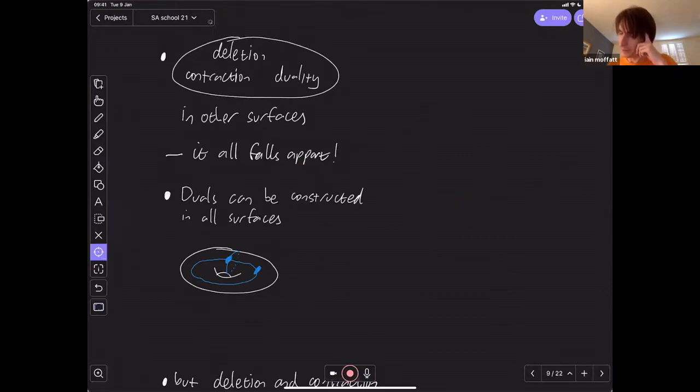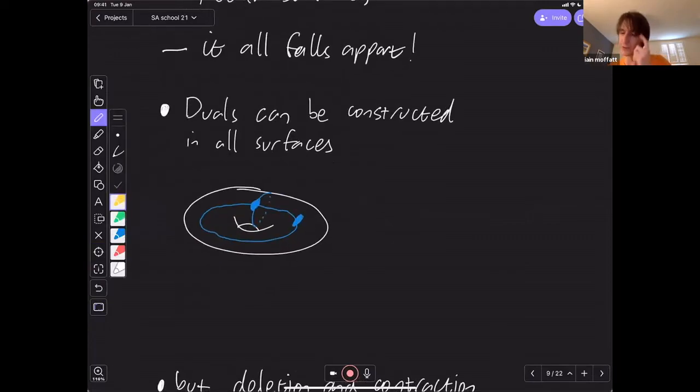So what happens is, duals can be constructed using the same idea in whatever surface you like. We just do exactly the same construction. So in each face, we throw a vertex, and whenever these faces are separated by an edge, we throw an edge of the dual.